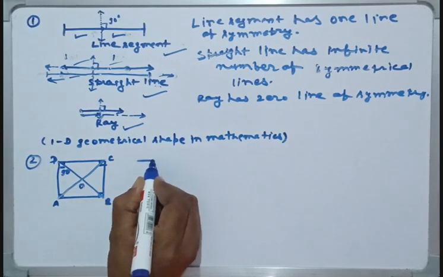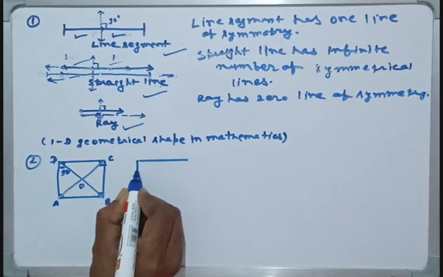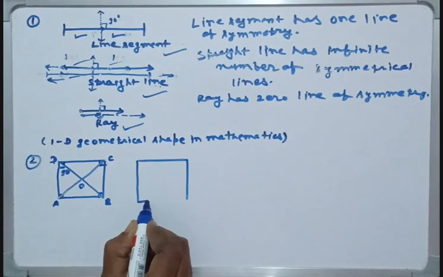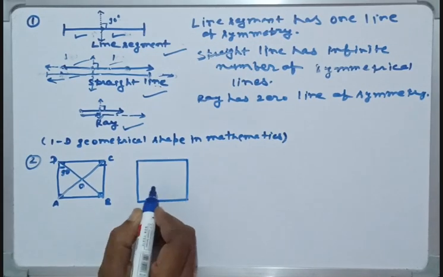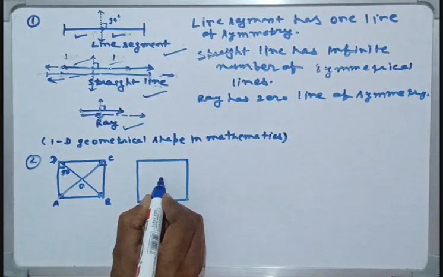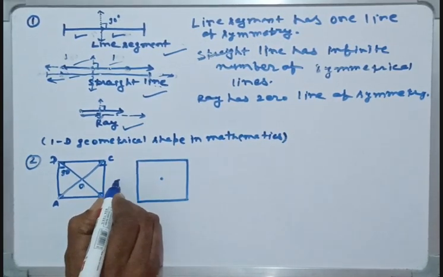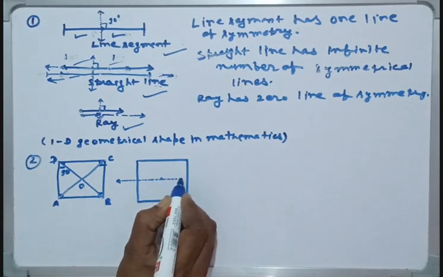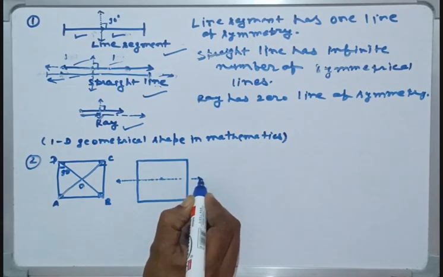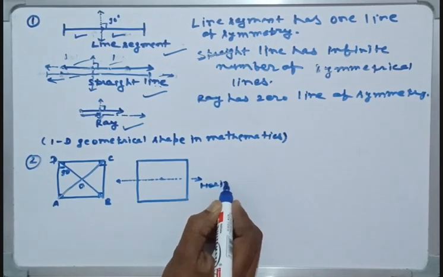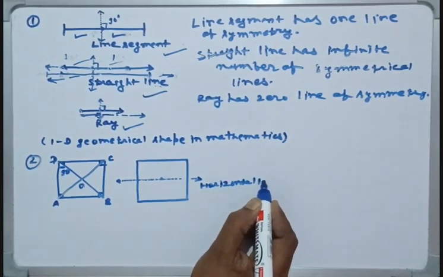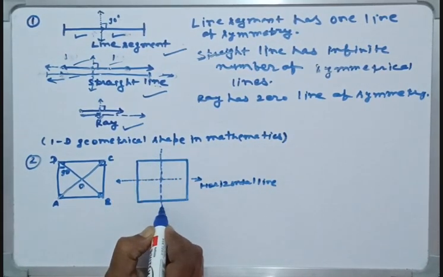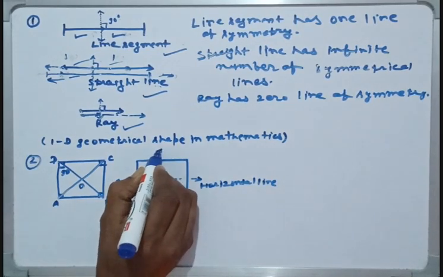Okay, for your better understanding of line of symmetry, I will again draw a square. See, this one is the center of this square. Suppose this horizontal line passing through this center like this one is a horizontal line. And this vertical line passing like this.